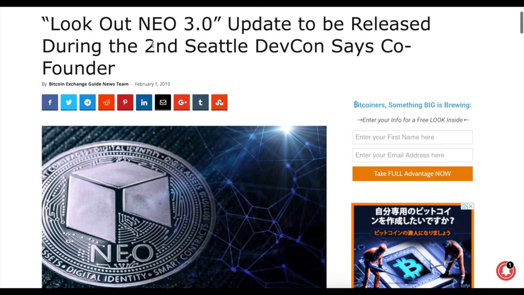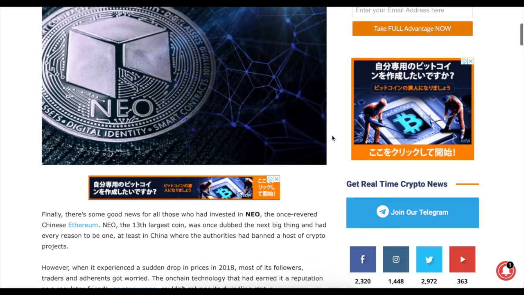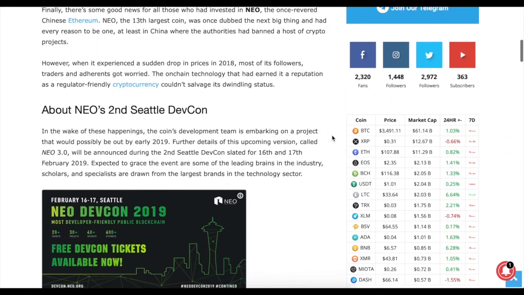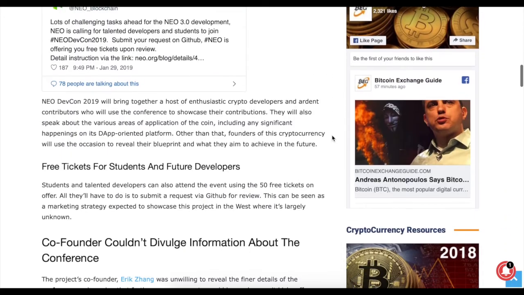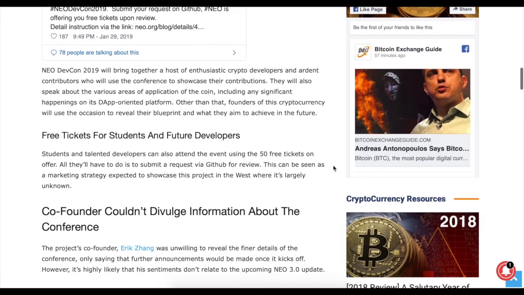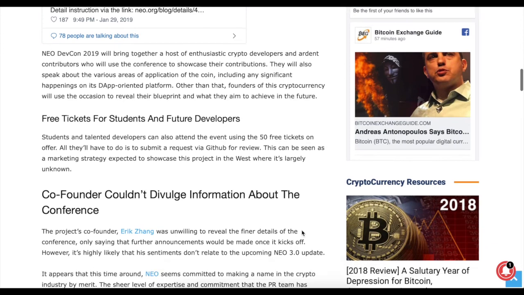On February 16th and 17th there will be a devcon of NEO, with some insights on NEO 3.0, which is a huge development, and a lot of things are expected to be made in the development of the NEO platform itself.